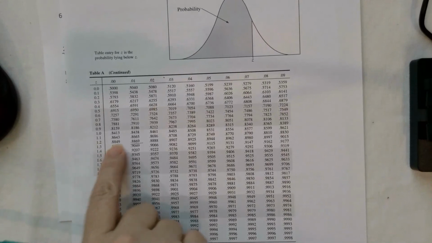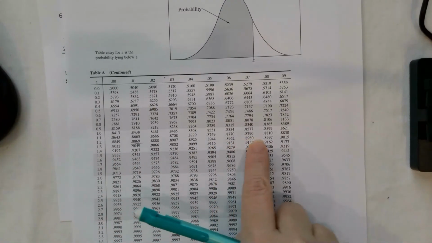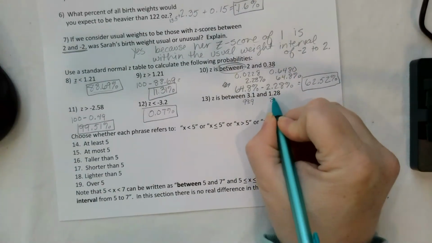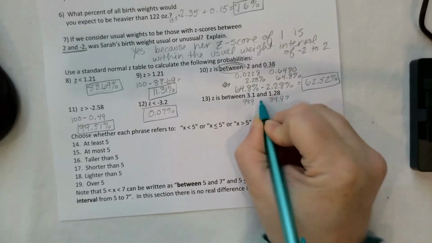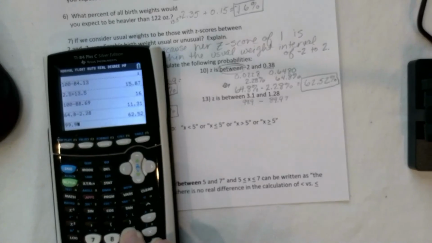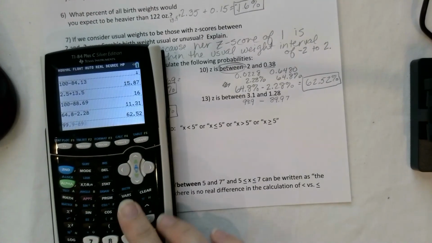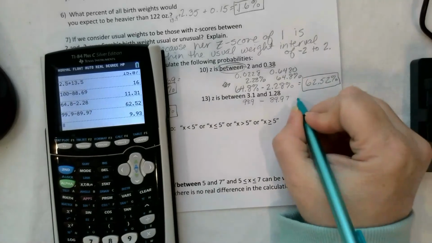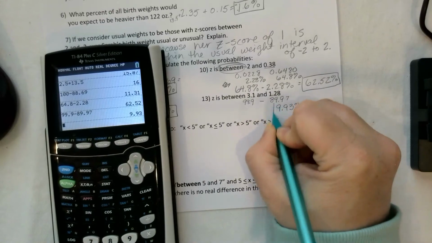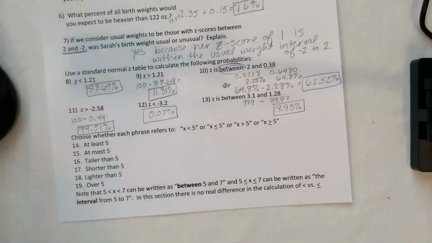And 1.28 is 89.97%. So if I subtract bigger minus smaller, 99.9 minus 89.97 gives me 9.93%. That's the probability that it's between those.